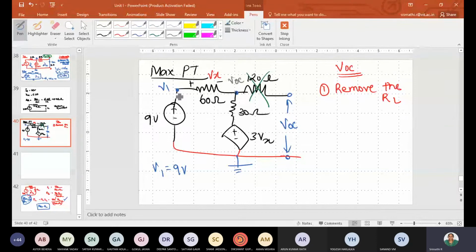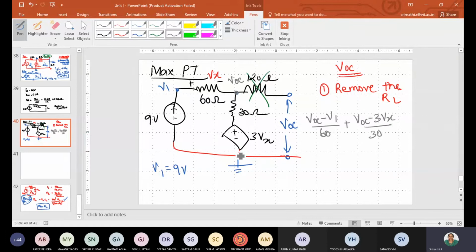Tell me the node equation. VOC minus V1, that is 9, by 60, then minus 3Vx, so VOC minus 3Vx by 30.